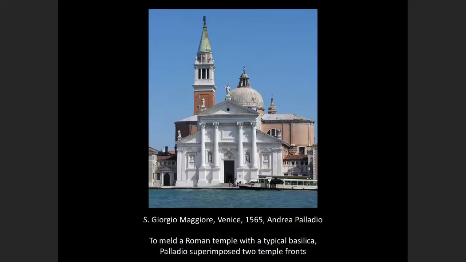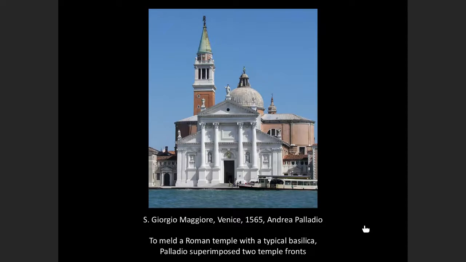But now with Palladio, we see the last evolution of this scheme, where the entire front middle section becomes one large Roman temple, and the second one transposed behind that is somewhat subservient to it. A much more creative and in some ways effective design approach, and quite famous for that.